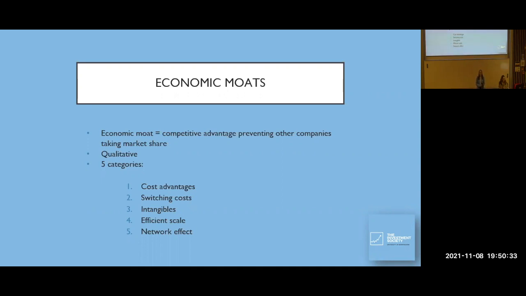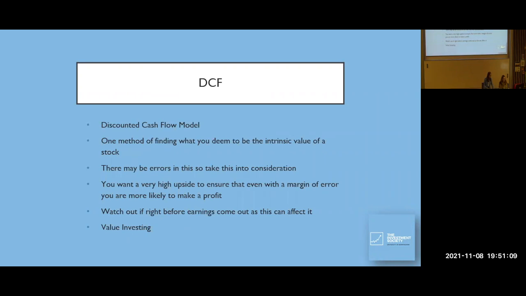So for example, if you are with Virgin Media and you want to switch to another company, it's going to be, A, quite a big hassle for you to switch, and B, there might be a switching cost for you to do so. And this prevents you from going from one company to another. There are also, in terms of when I was talking about Nike, the brand is something intangible. So this is point 3, intangibles.